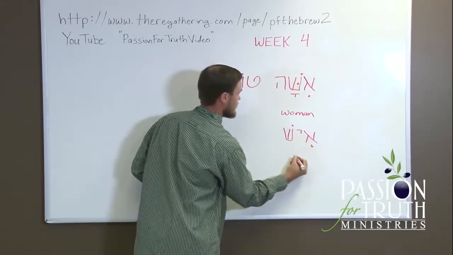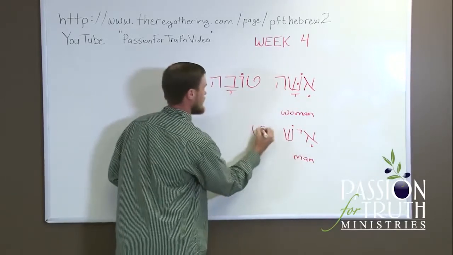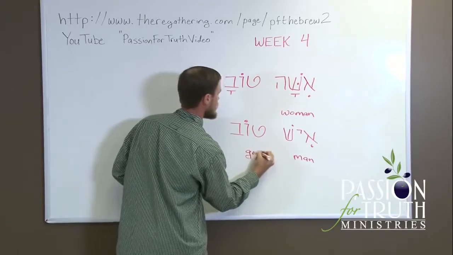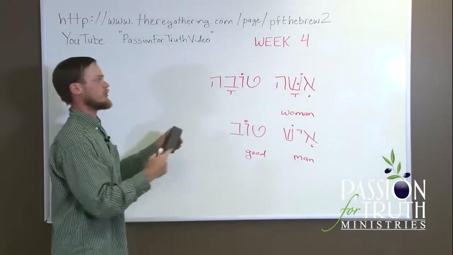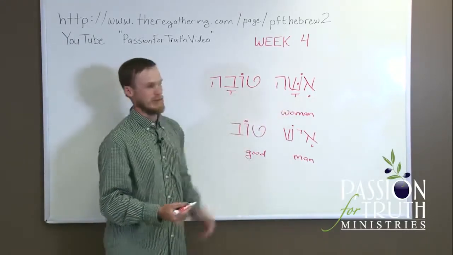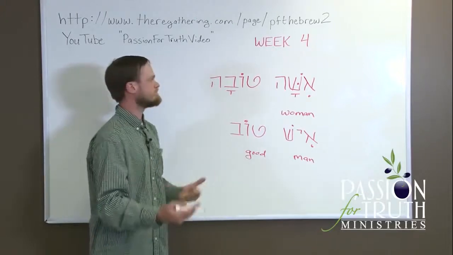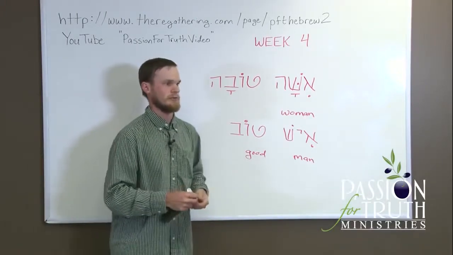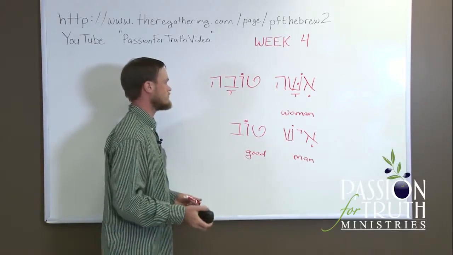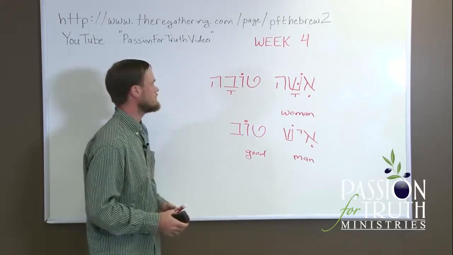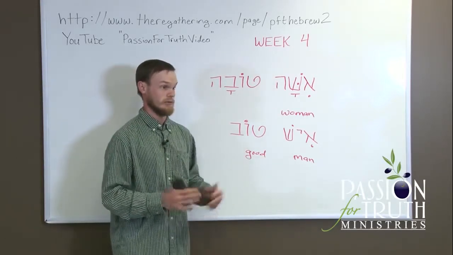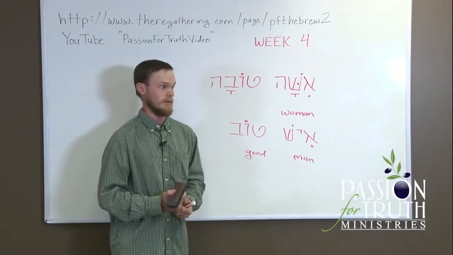Ish is man. Ish tov. So ish tov, good man. Isha tova, good woman. So not all nouns end in this kamatz hey, but many of them do, and it gives a sort of melodic character to the language. So that's how the gender of the adjective will change to fit the noun that it's modifying.